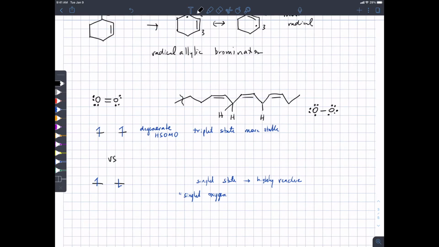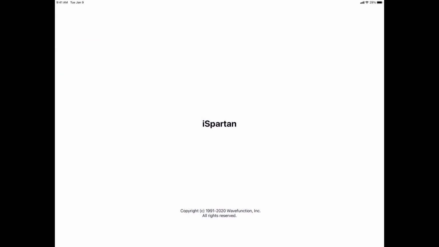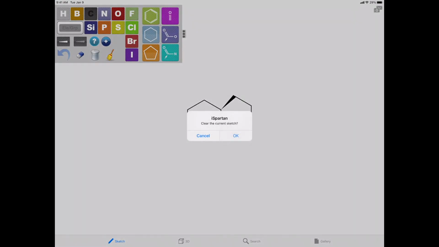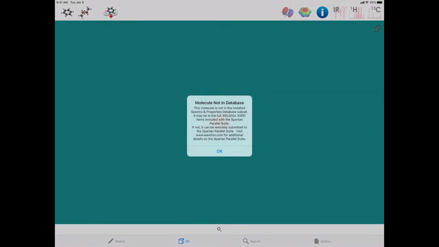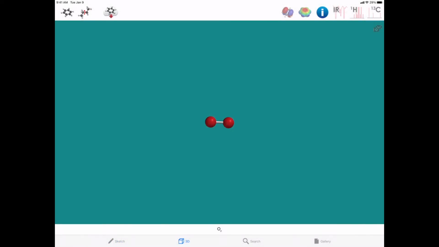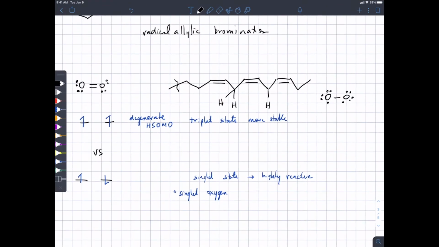To show you what I mean, maybe we'll go to the Spartan program and we'll just draw oxygen. Oh, you've got to be kidding me. The molecule oxygen is not in the database. Well, that's silly.